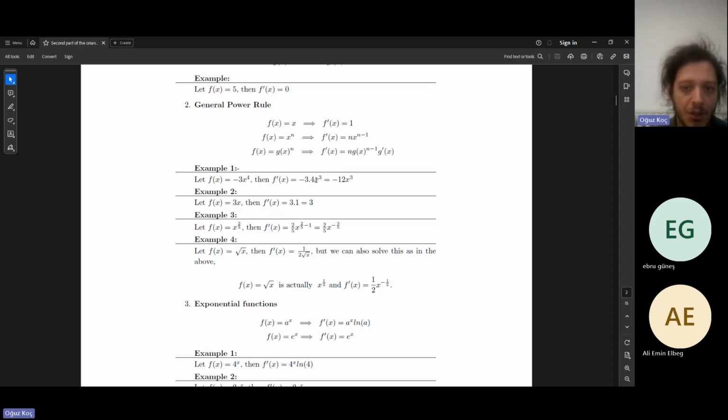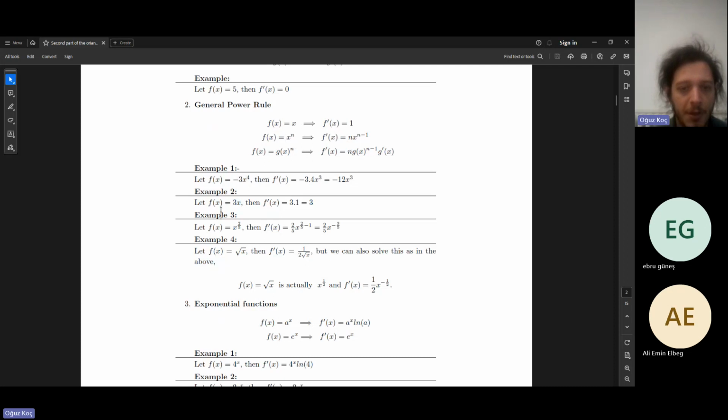We multiply by the power of the function, and we reduce the power of x, and then we multiply by the minus 3 here, and then we get minus 12 times the third power of x.